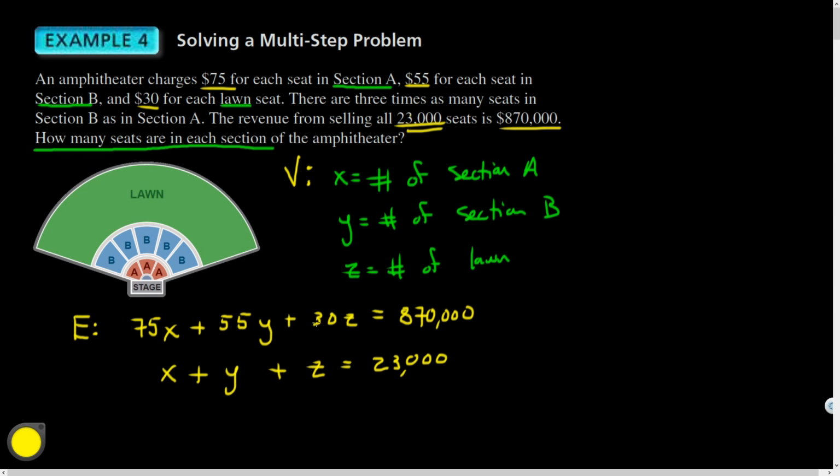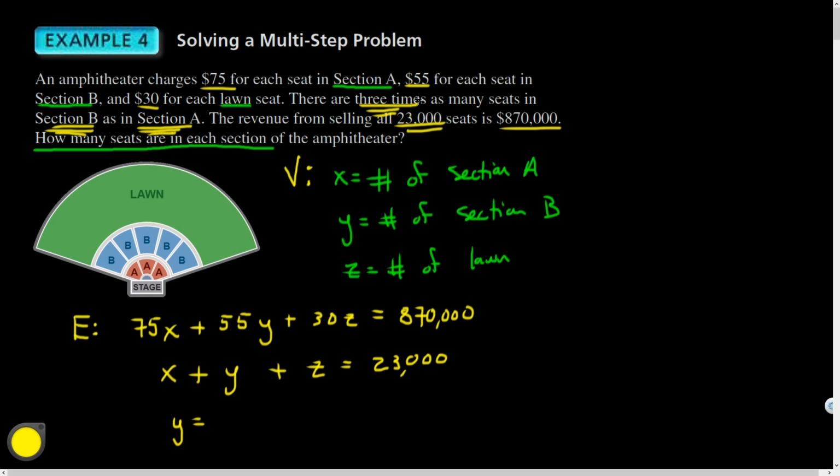All right, so there's another fact. And a third fact seems to be hiding in this sentence. There are 3 times as many seats in section B as section A. So my triple underline fact: 3 times as many seats in section B. Section B is represented by Y.